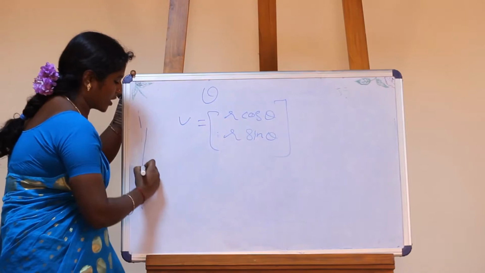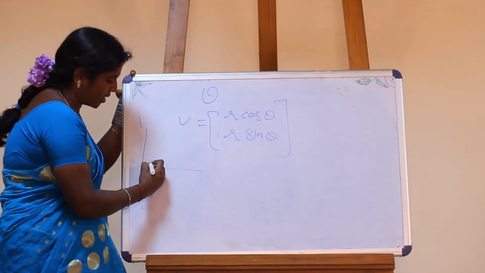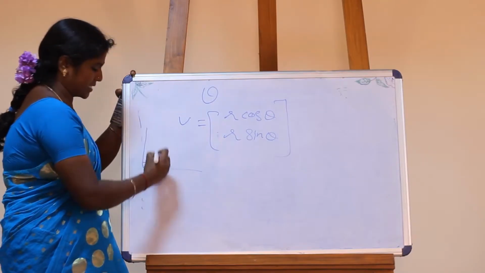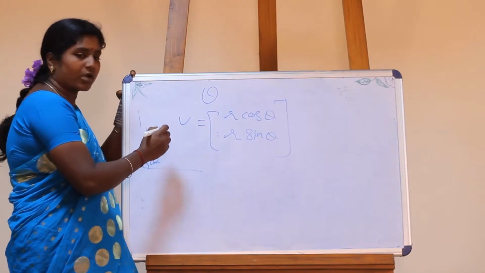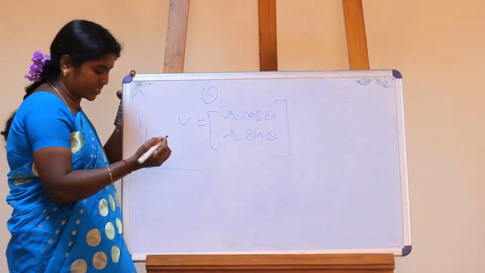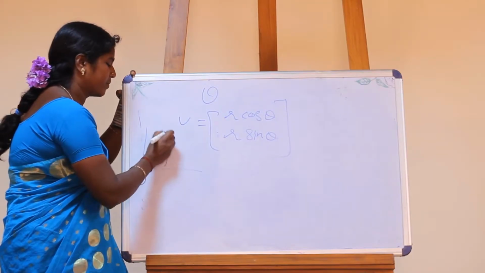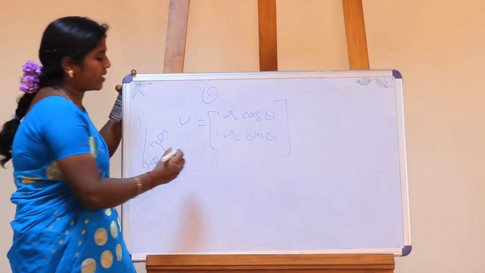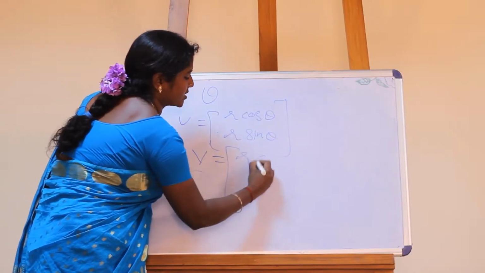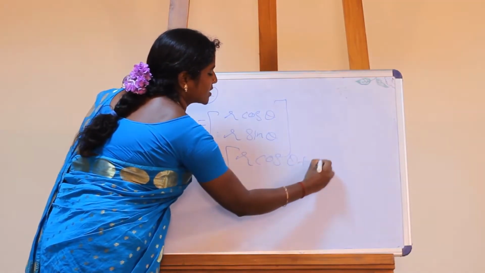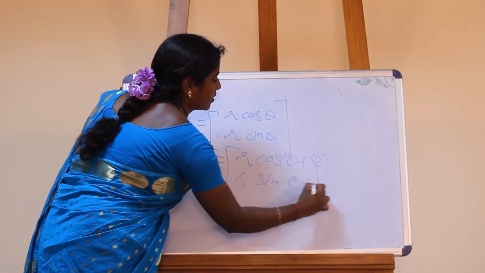If you rotate your object, for example, counterclockwise or anticlockwise, by a further angle, we get the new rotated position as r cos of theta plus the angle, and r sin of theta plus the angle.